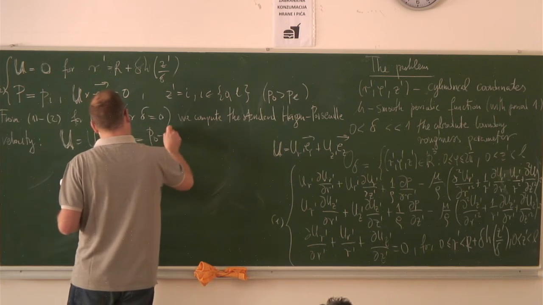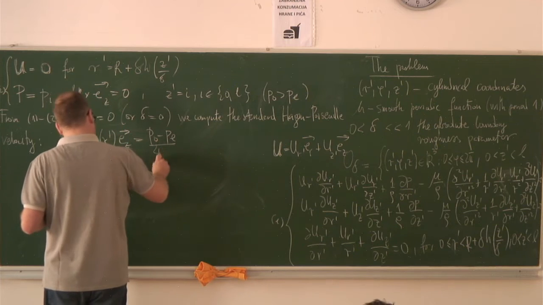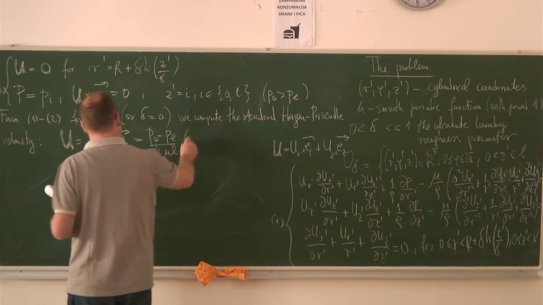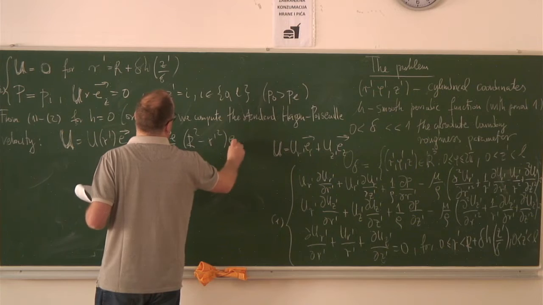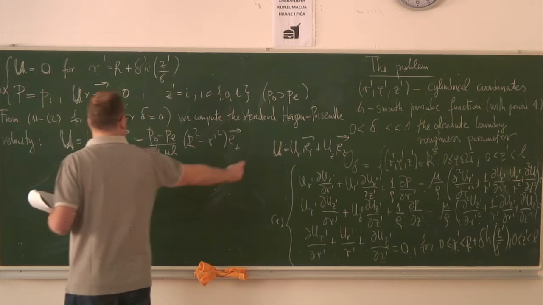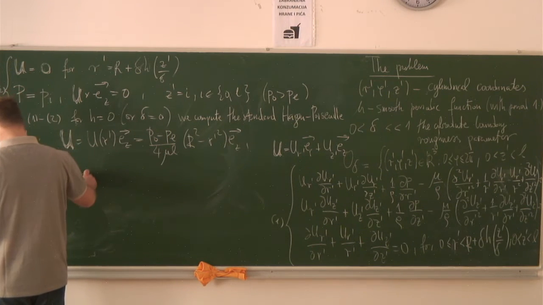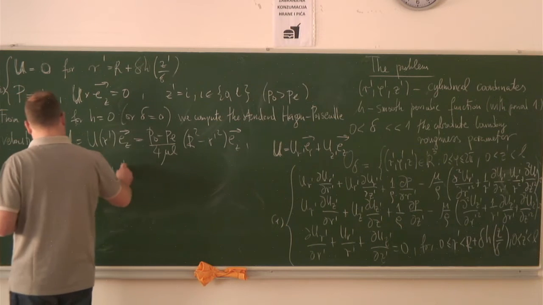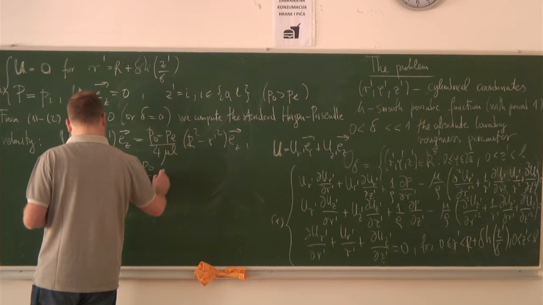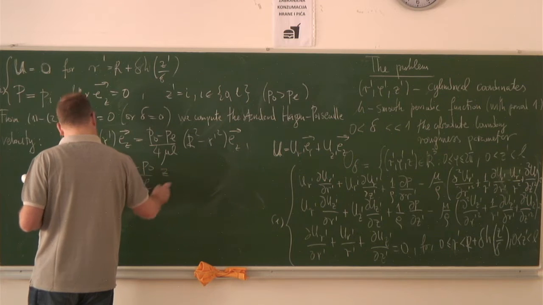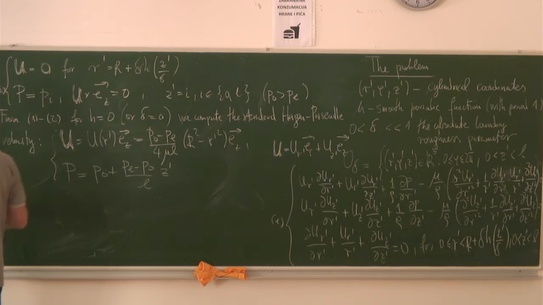So the pressure drop divided by this term here, while the pressure is a linear function. And the characteristic velocity is taken to be the mean value of this Hagen-Poiseuille velocity.